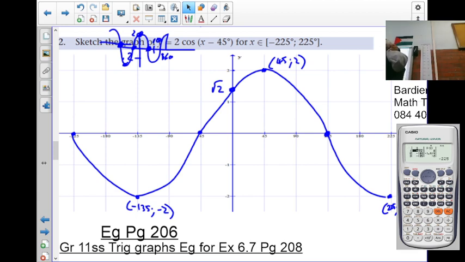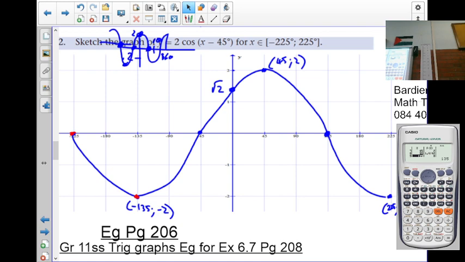So negative 225 is 0, as you can see it's on the graph here. And then we got negative 180, I'm not interested in. Negative 135, and so on and so on. We just take the readings from that. Okay, is there any confusion there?